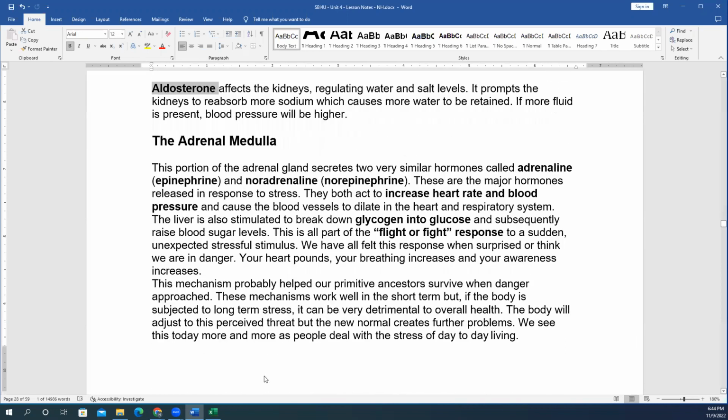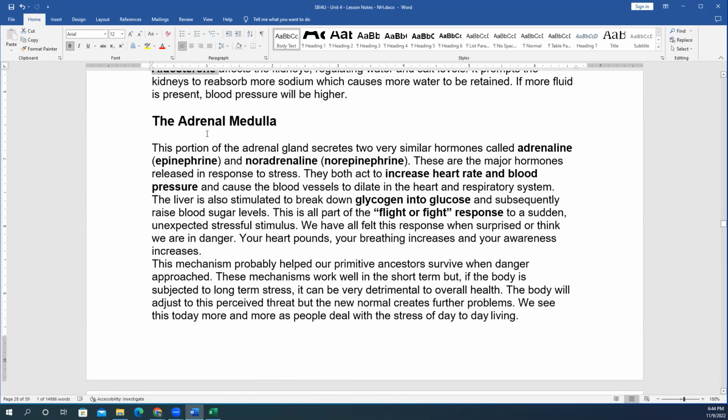Now to look at the medulla of the adrenal gland. This portion of the gland secretes also two types of hormones. These are very similar hormones, and these are called adrenaline, also known as epinephrine.